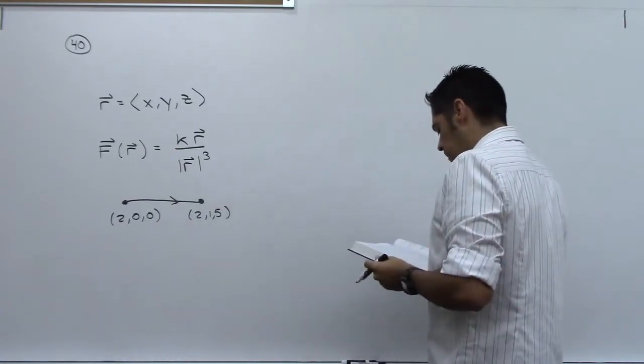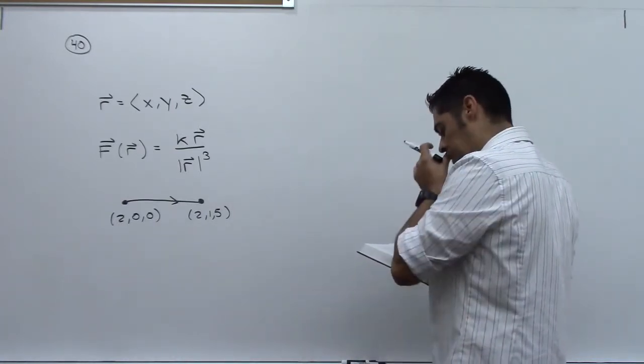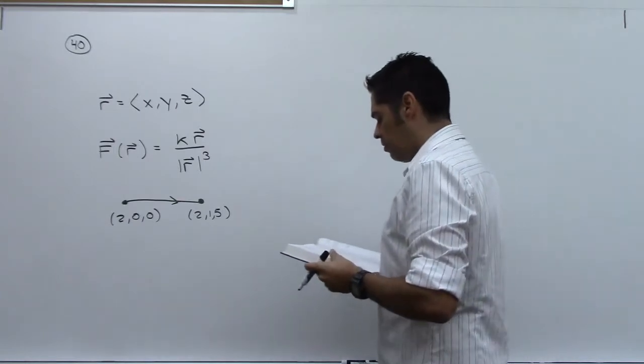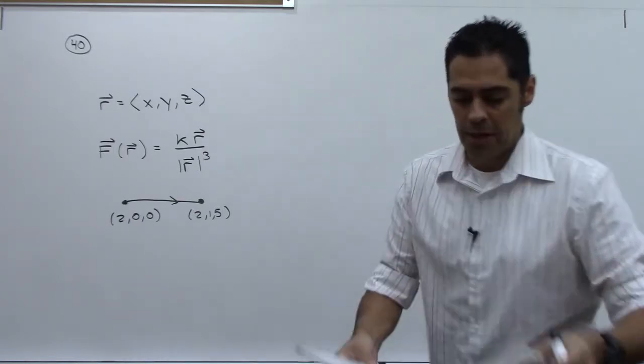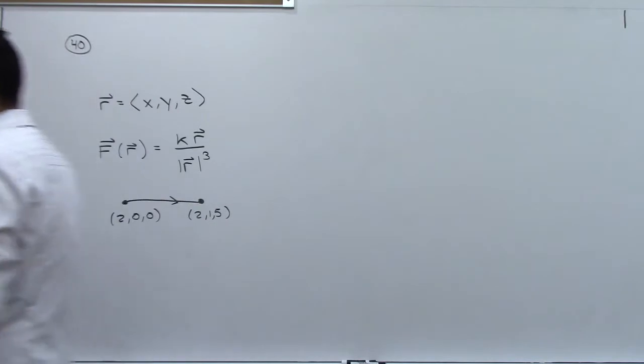Find the work done as the particle moves along a straight line from 2, 0, 0 to the point 2, 1, 5.